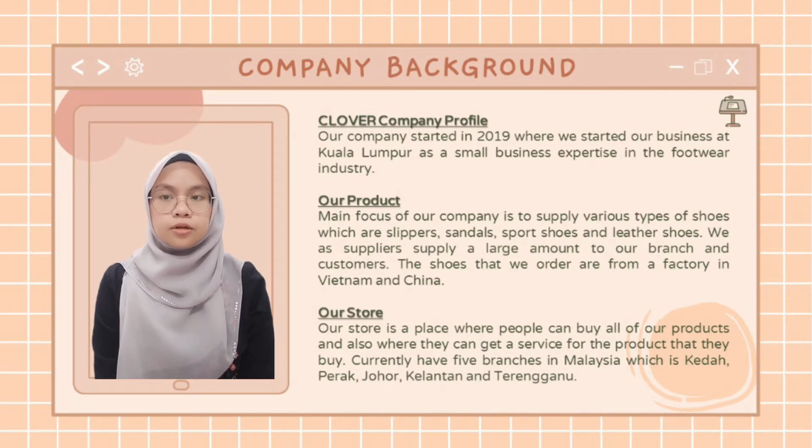Our store is a place where people can buy all our products and also where they can get a service for the product that they buy. Currently, we have 5 branches in Malaysia, which are Kedah, Perak, Johor, Kelantan and Terengganu.